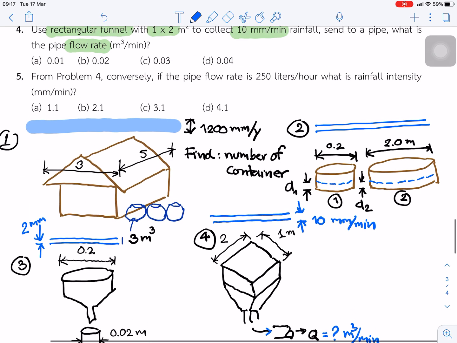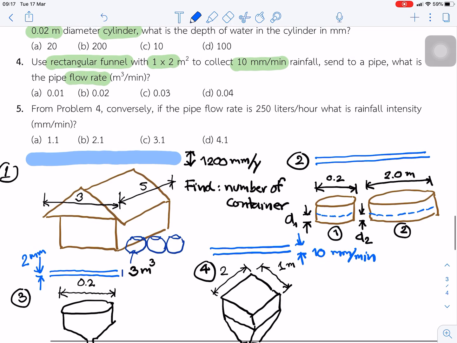The last question is problem number 5. If the pipe flow rate is 250 liters per hour, what is the rainfall intensity in millimeters per minute? So it's a reverse question from number 4.